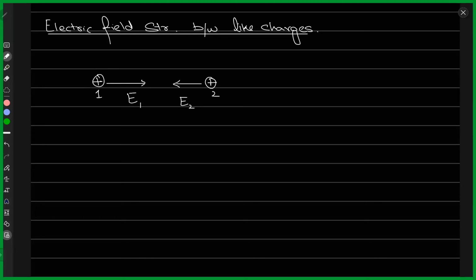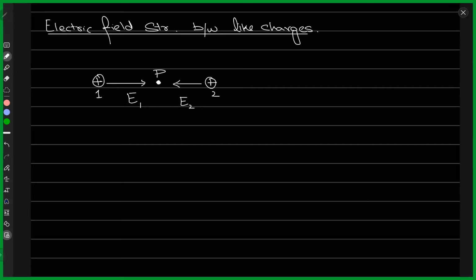Okay, so far so good. Now I'm going to pick any point between these two charges, and the point suppose lies over here. And because it's a point, I'm just going to label it P for point.